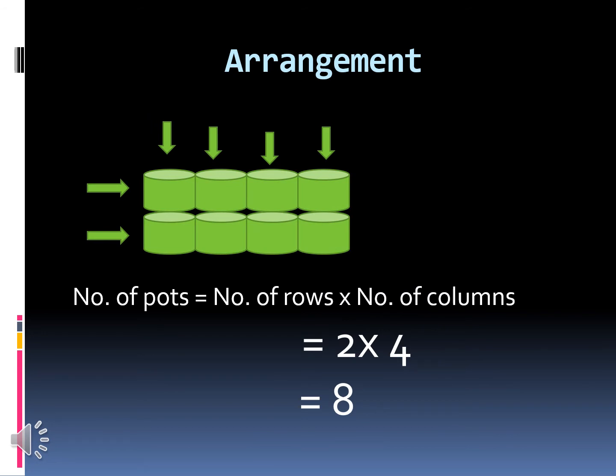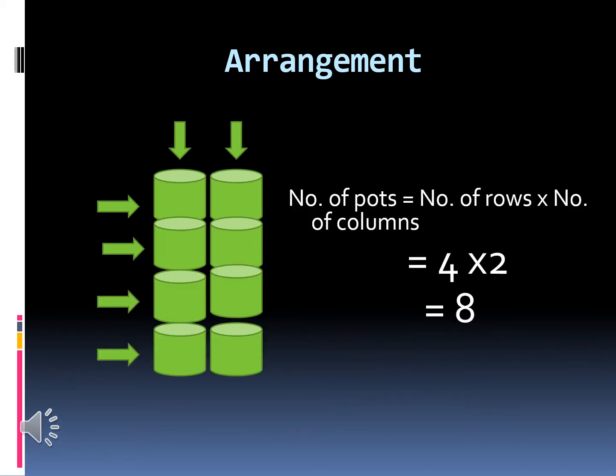Another arrangement could be 2 rows and 4 columns to make it 8. 2 4s are 8. So this can be one more arrangement. Let's see one more. Next is 4 rows and 2 columns will also give you 8 pots. 4 2s are 8. So these all are the possible arrangements.